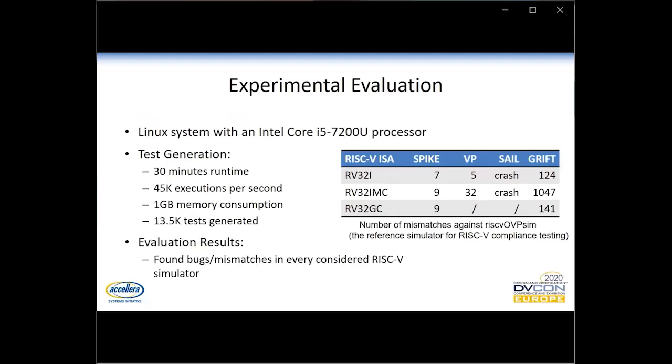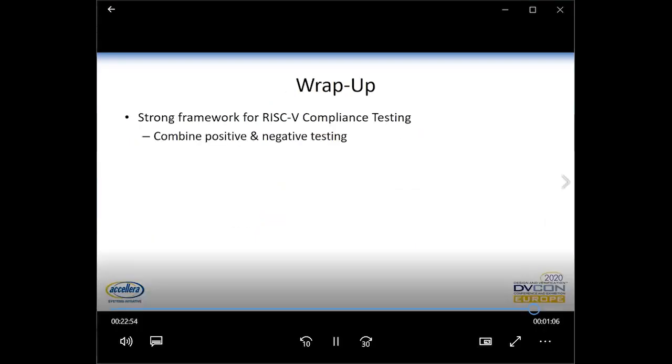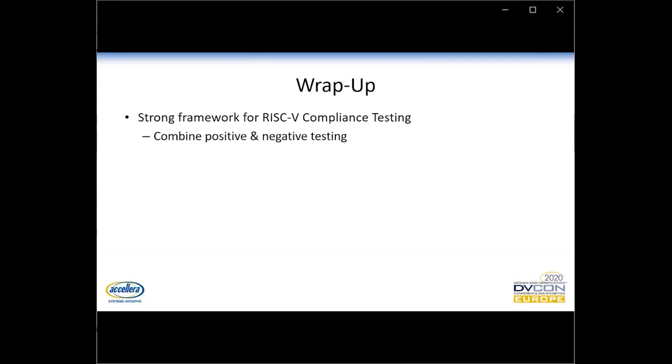So to summarize, we found bugs and mismatches in every considered RISC-V simulator. Of course, all the details and explanations can be found in the paper. This brings me already to the end of the first part of the tutorial, and I have presented a strong framework for RISC-V compliance testing.